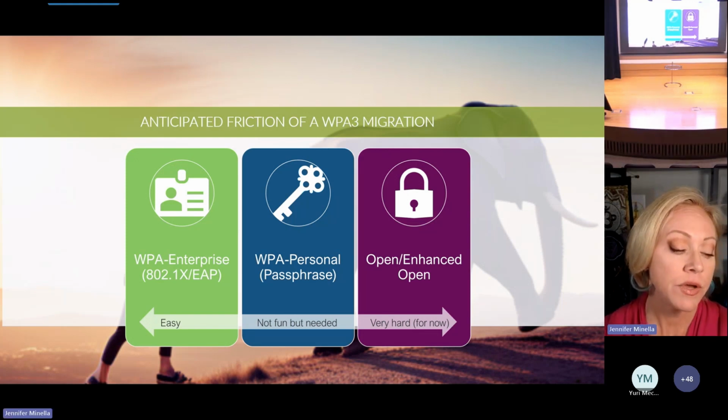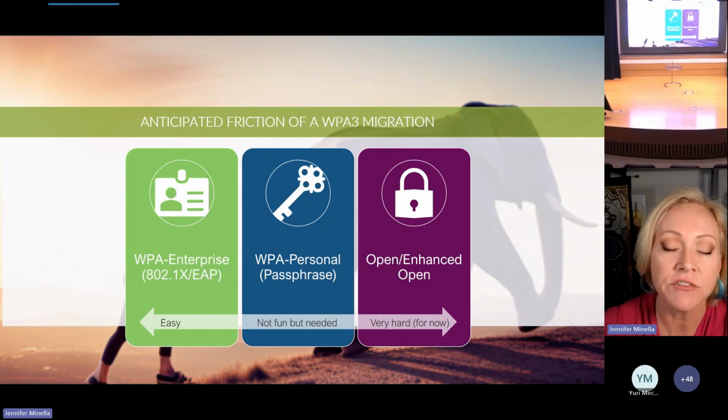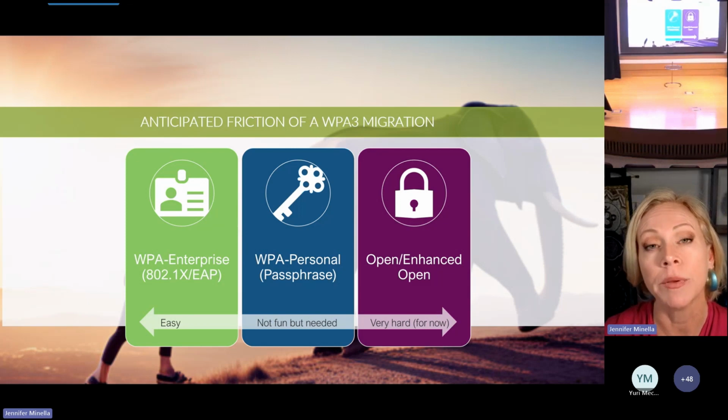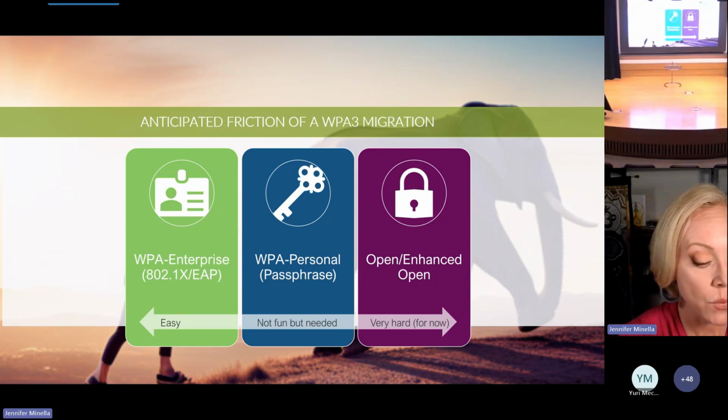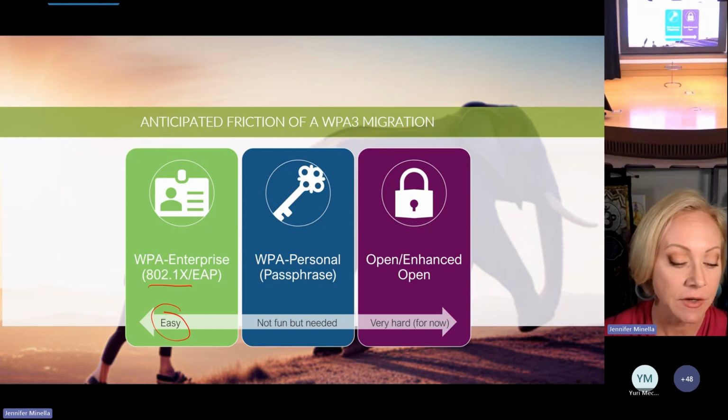Or, if they're on a 1x network, you have some level of management over the endpoint, so you can just make sure that the network drivers are updated and they'll probably connect to the WPA3 network, because remember, this has been around for 3 or 4 years now. So for 1x, easy. Don't even worry about it. We'll talk through the options with that.